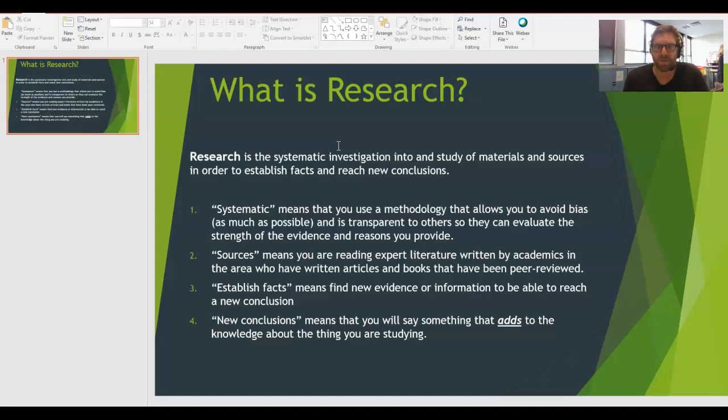So let's say you're interested in looking at health, okay, and why it is that people eat unhealthily. Now, this is a topic that there is so much research that's been done. You wonder to yourself, how on earth could I say anything new about this? We already know. Well, it might be that you want to look at a particular group of people who haven't really been studied recently.